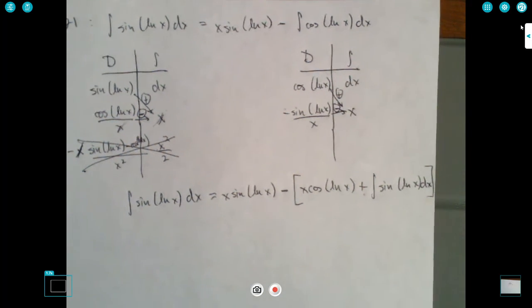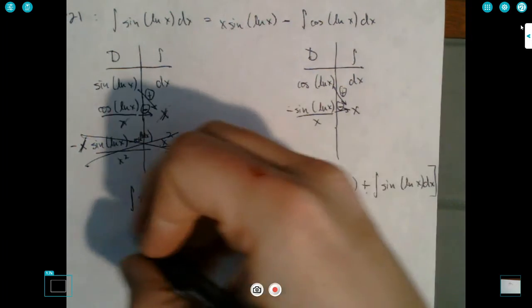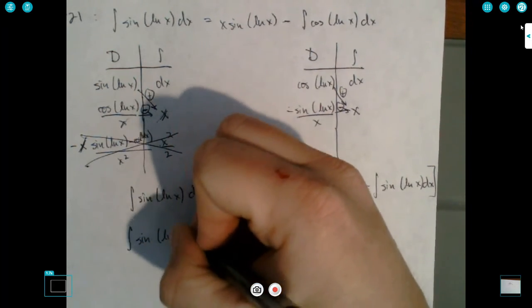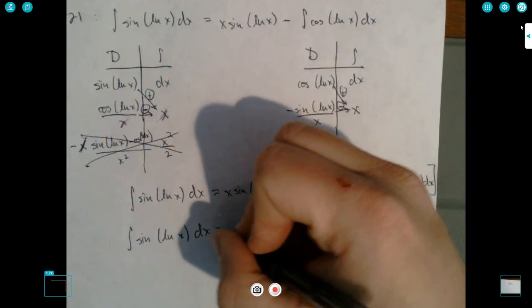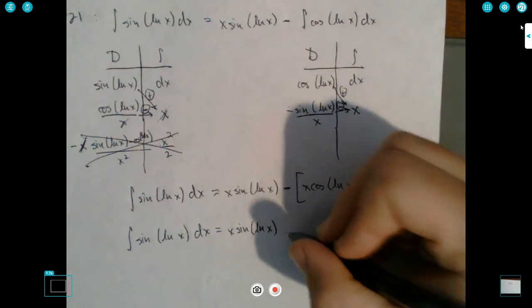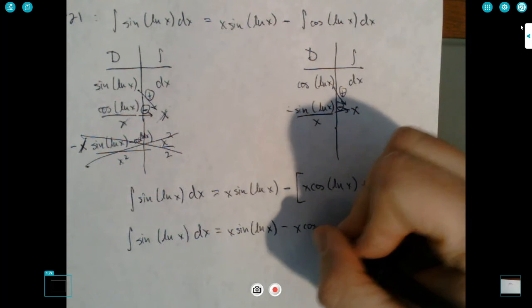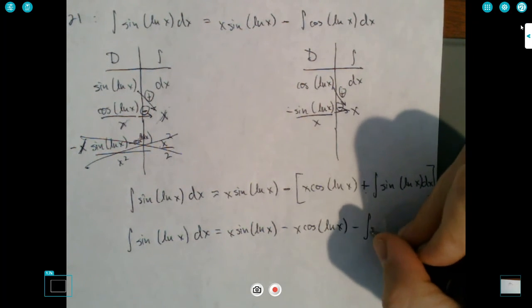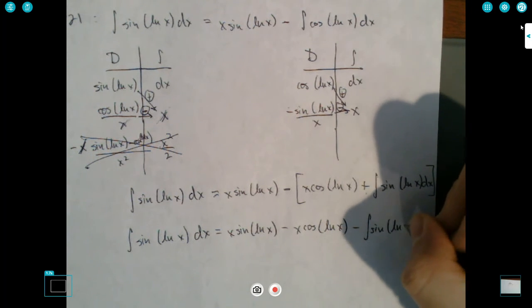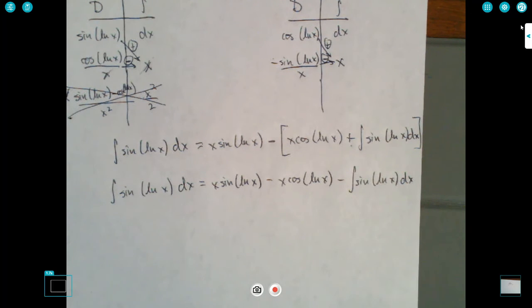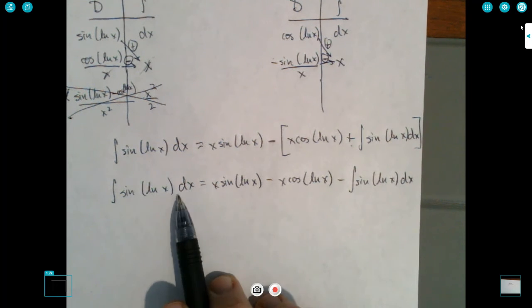So I'm going to take this one step further and distribute that negative sign. So I've got the integral of sine ln of x dx equals x sine ln of x minus x cosine of ln of x minus the integral of sine of ln of x dx. Now, notice that this integral matches that integral.